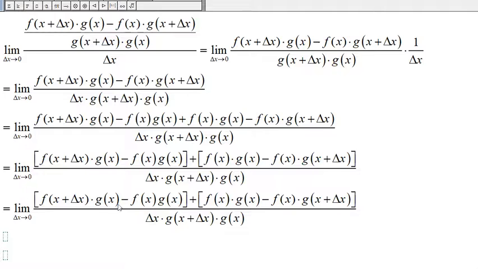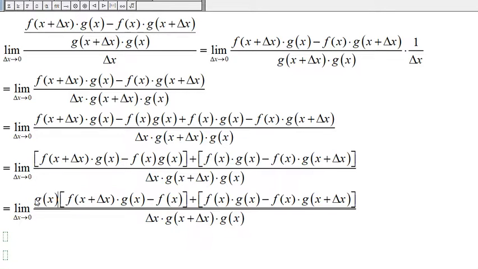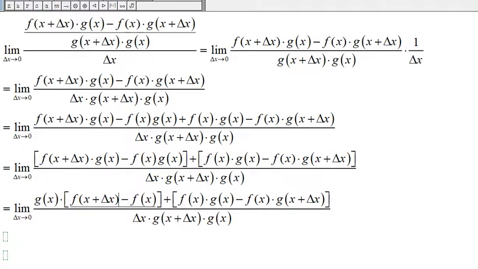And then for this group right here, the common factor is g of x. So we're going to put that in front of the square bracket here. So factor out the common factor of g of x. And then for this group, the common factor is f of x. So let's factor that out.